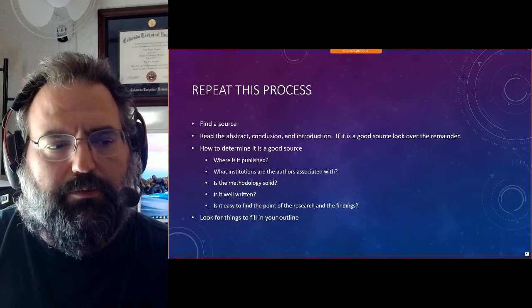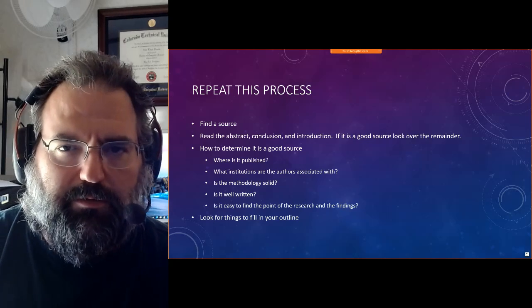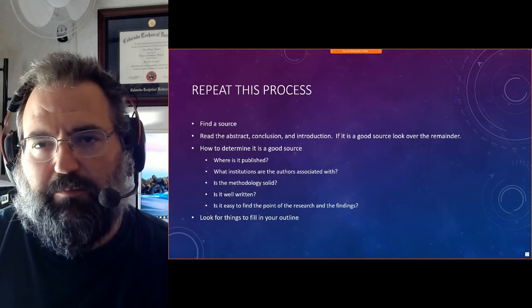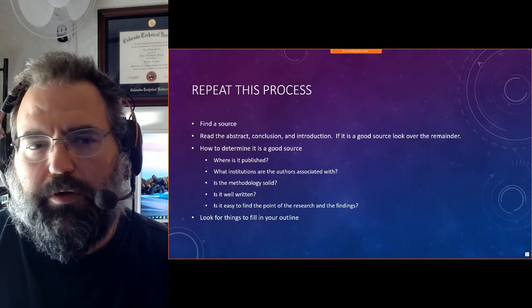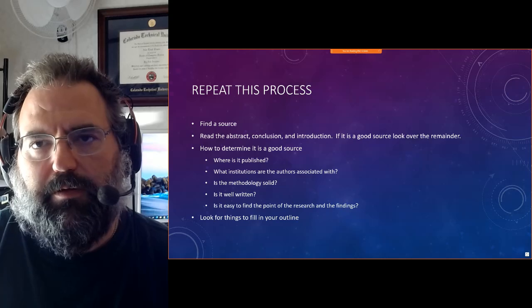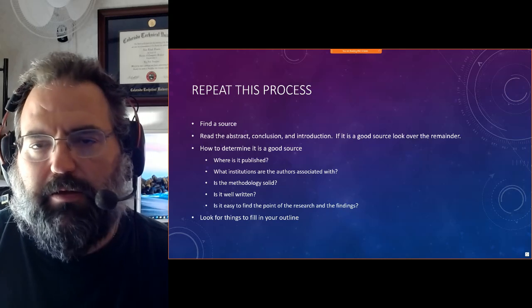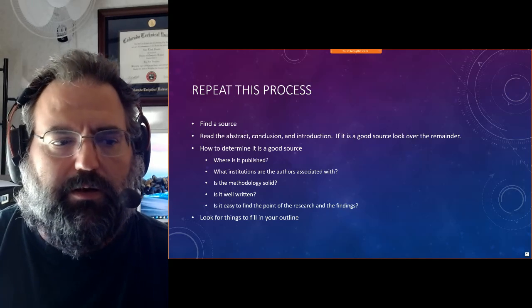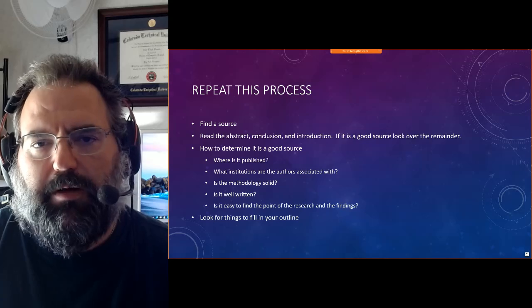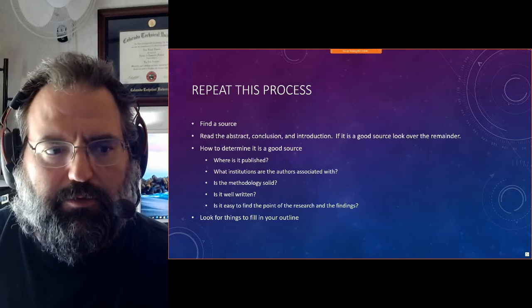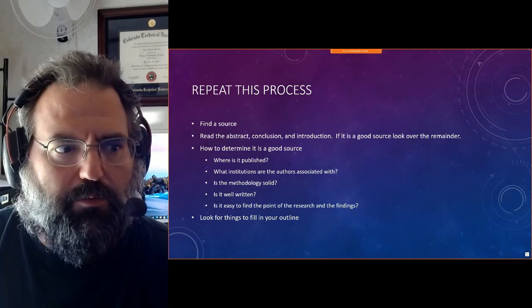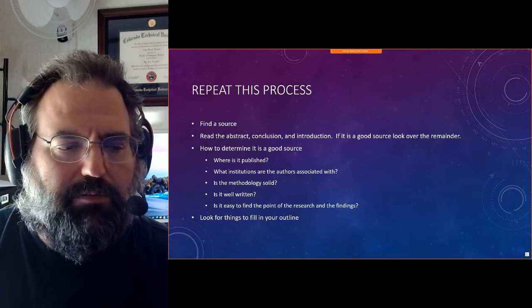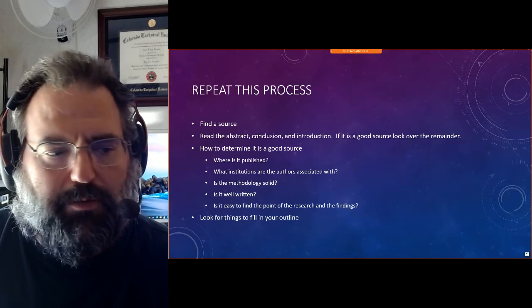So I usually go through and take a look at where it's published. Is it a reputable journal? Does it seem reputable? Is it truly peer reviewed? Who are the authors of the publication associated with or affiliated with? It's very difficult to publish a paper without some sort of academic association. You might be able to if you work for certain companies, like if you work at Microsoft, you probably can get something published, especially if you're working in the research department.